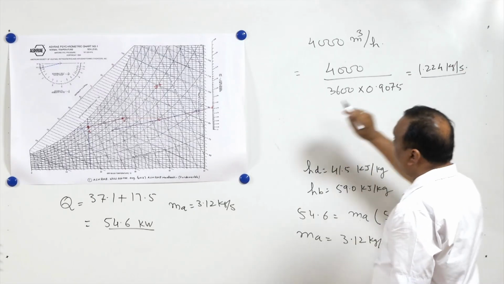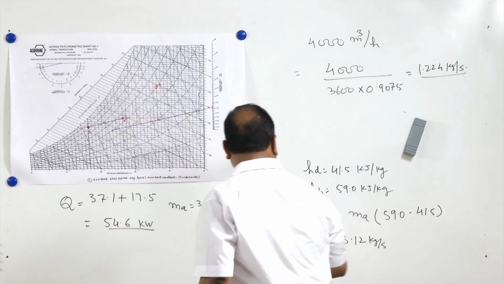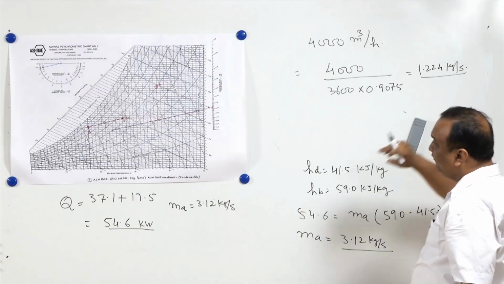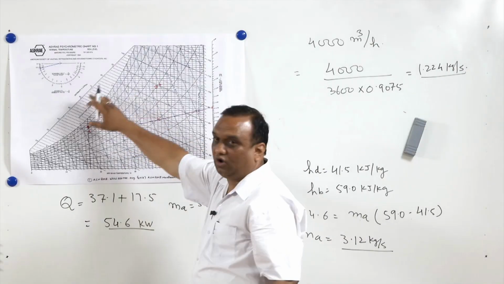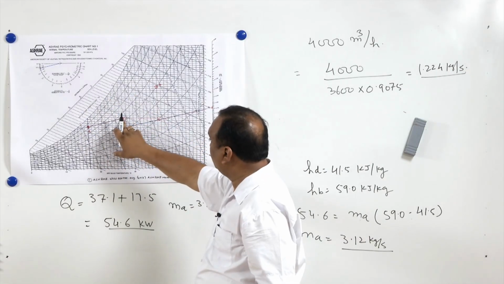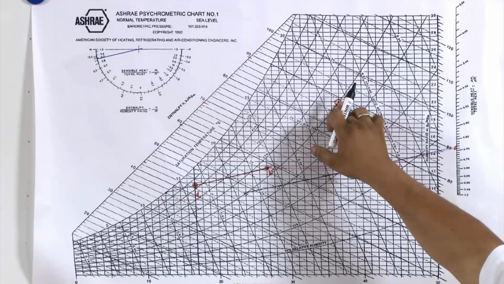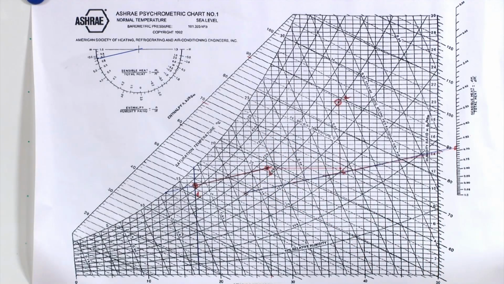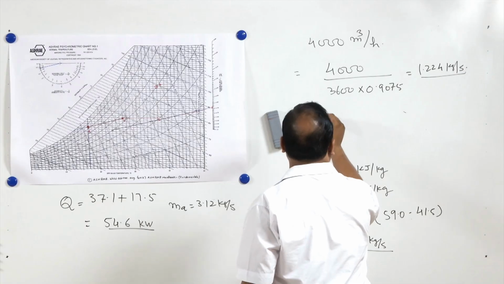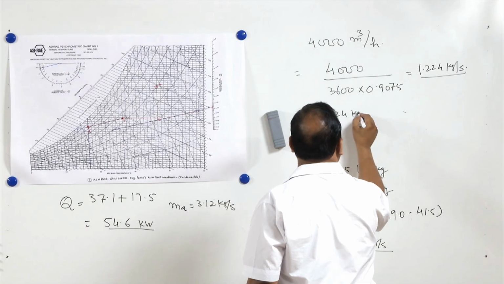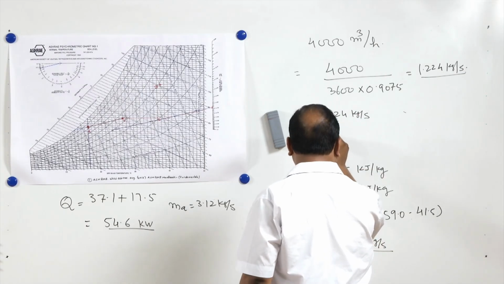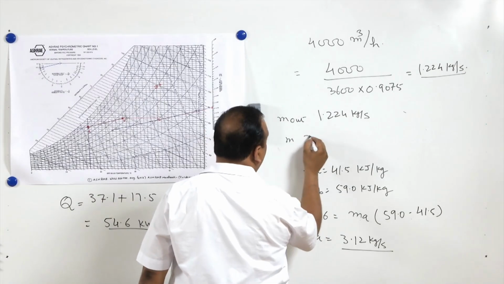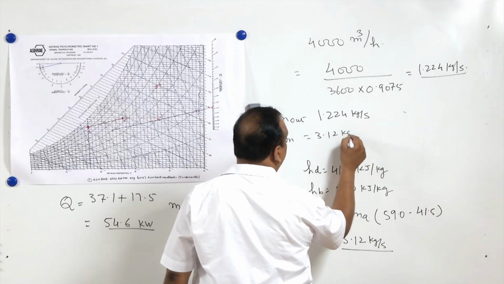Now this much mass of air is available outside, but we need 3.12 kg per second. Where will the gap come from? The gap will come through recirculation of air inside the room. The air which is leaving the room will be mixed with the outside air, and this mixture will be circulated inside the room. Here the outside air is 1.224 kg per second, and the total air required is 3.12 kg per second.